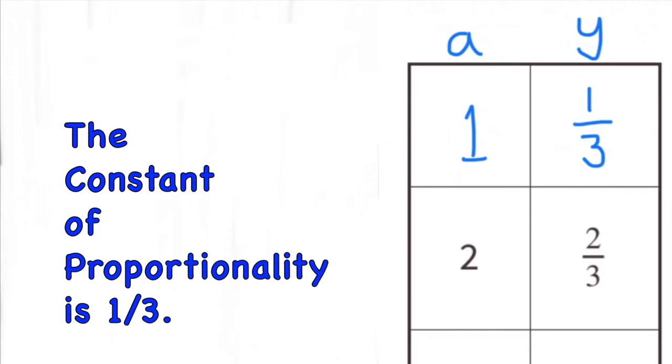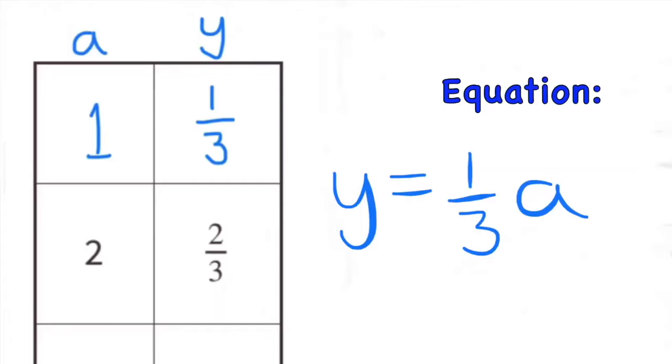The constant of proportionality is 1/3. An equation to represent this relationship is Y equals 1/3 A, or Y equals 1/3 times A, which is also equivalent to Y equals A divided by 3.